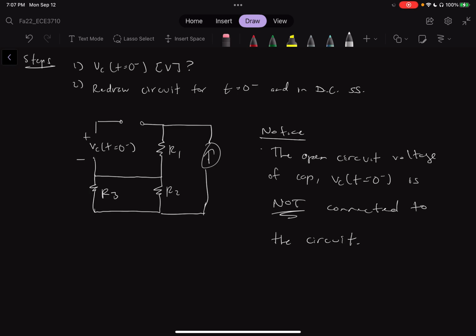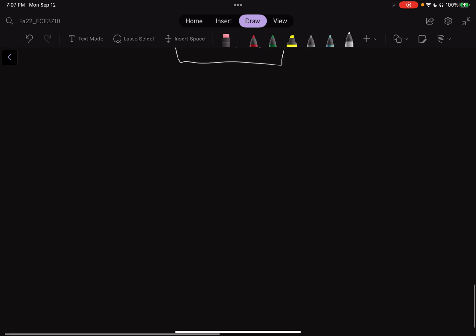Look, there's an open circuit right here because of the switch being open. The switch is open, so there's no way that this open circuit voltage of the capacitor is connected to the circuit. So therefore, VC of t equal to 0 minus is equal to 0 volts because the open circuit voltage is not interacting with the circuit.